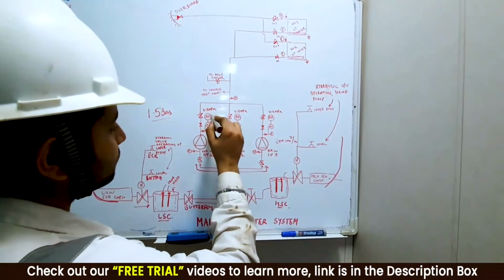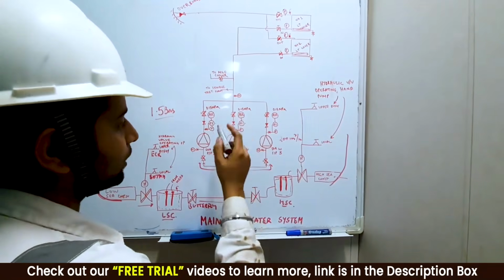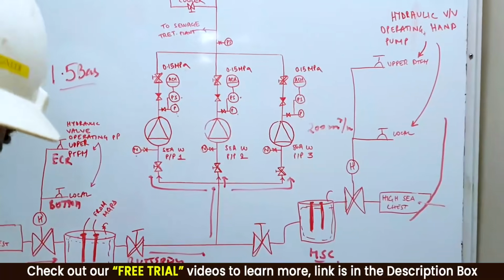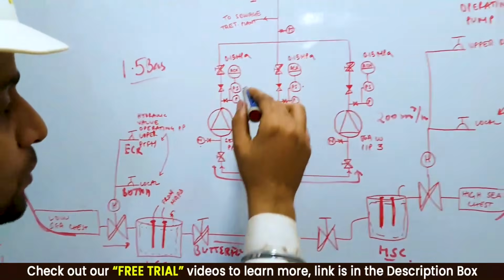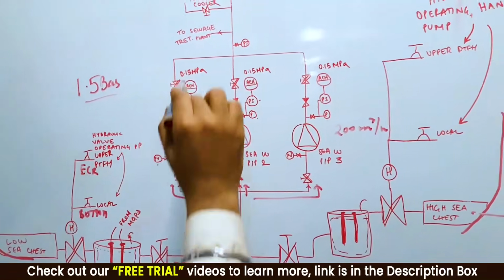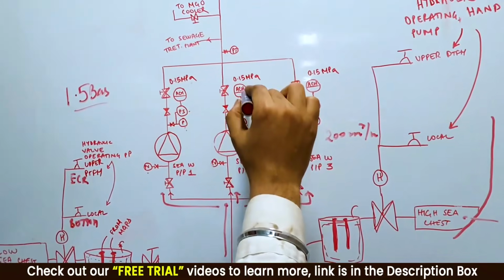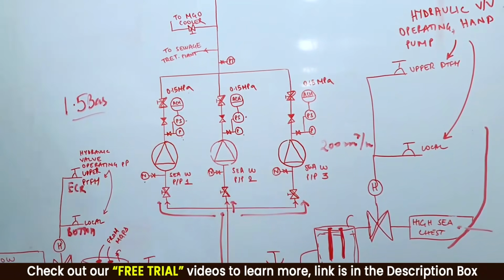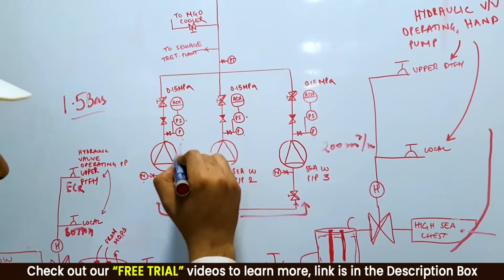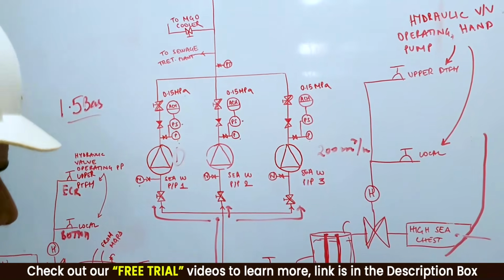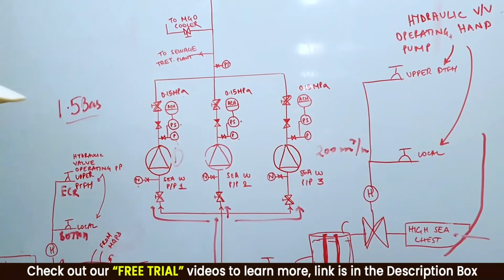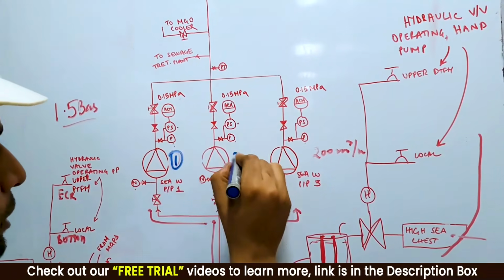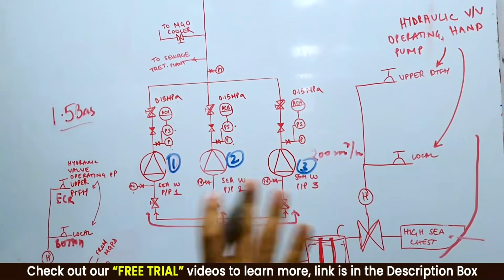This is the auto changeover mechanism. So it gives a signal to the auto changeover mechanism and says, "This pump is not developing pressure." So automatically the auto changeover system starts the other pump over here. Say main seawater pump number 1, and this is number 2 pump. So we do not lose seawater pump pressure. Copied, guys? This is very, very important, and we get an alarm.